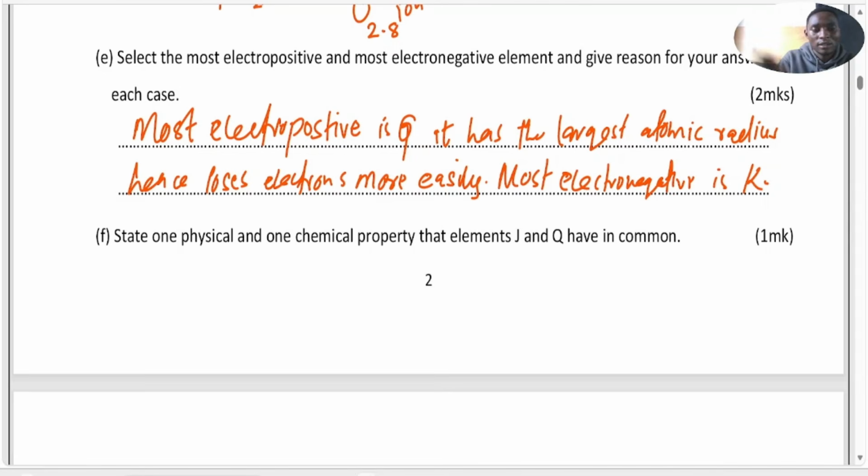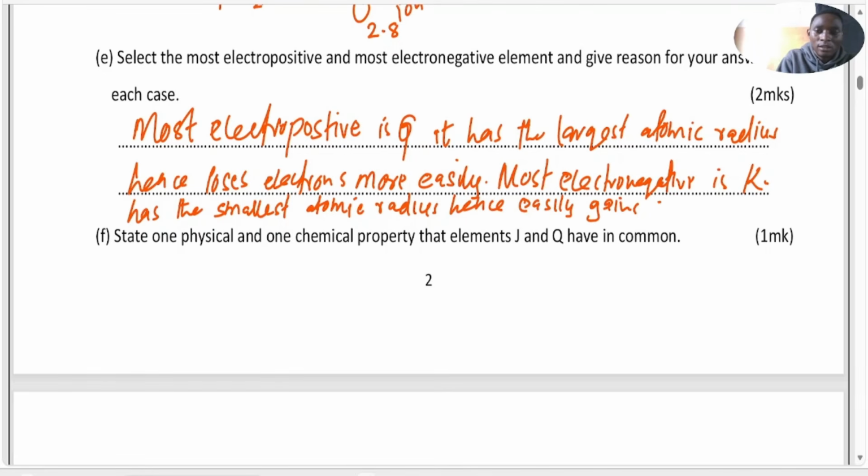It has the smallest atomic radius, hence easily gains electrons.